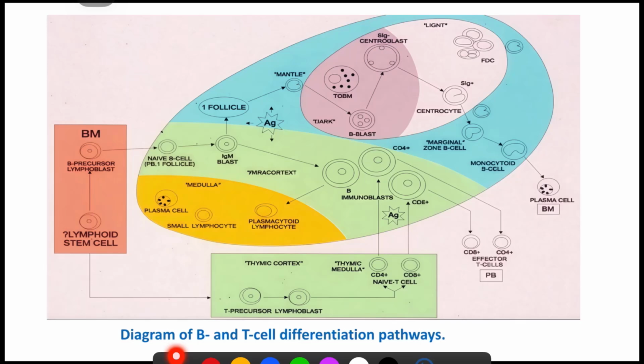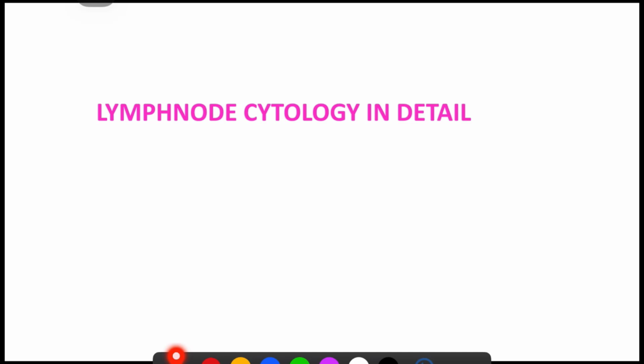So when you aspirate a lymph node, you can have these different types of cells starting from small lymphocytes to centroblast, centrocyte, monocytoid cell, plasma cells and immunoblast, along with antigen presenting cells, follicular dendritic cells. So this is very important to understand, because depending on the number of the cells, you can judge whether your needle is in the germinal center or in the paracortical or medullary area.